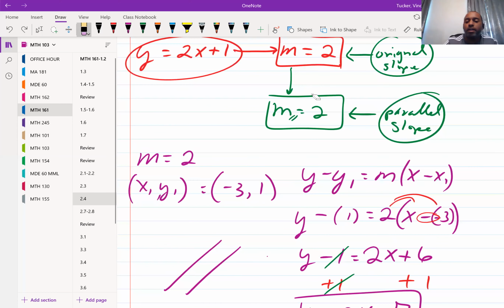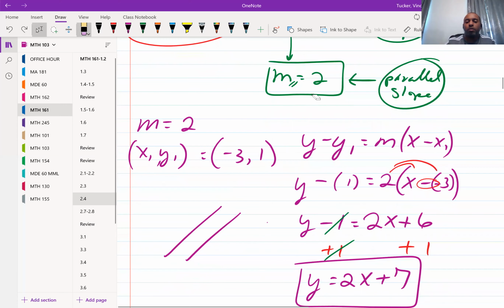Then go ahead and add 1 to both sides. y is equal to 2x plus 7. All right, any problems before we do one more?